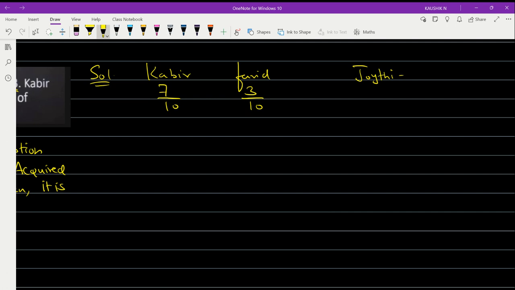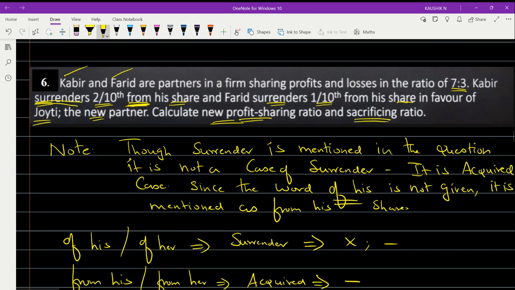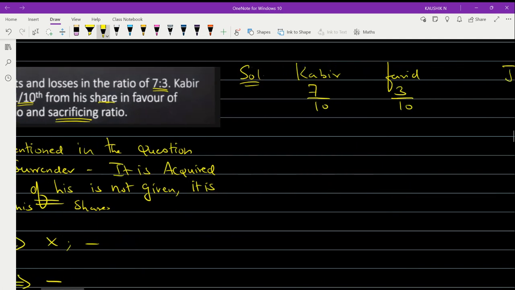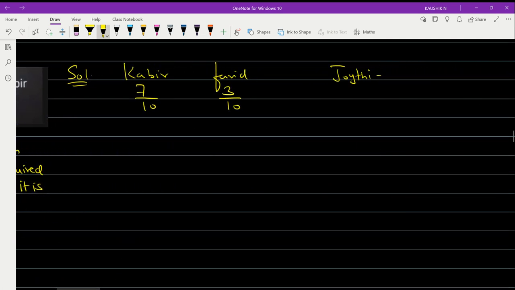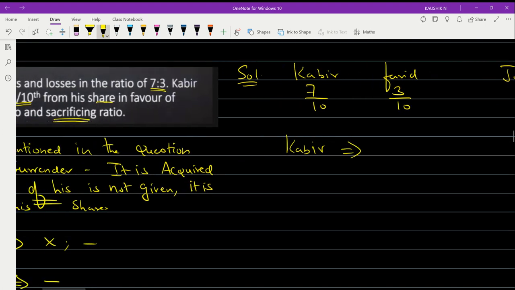And what is the share of profit that we are going to give them? Jyoti is being admitted, and these two are surrendering their respective share in favor of Jyoti. So what is the surrender done by Kabir? From Kabir, how much is being sacrificed?